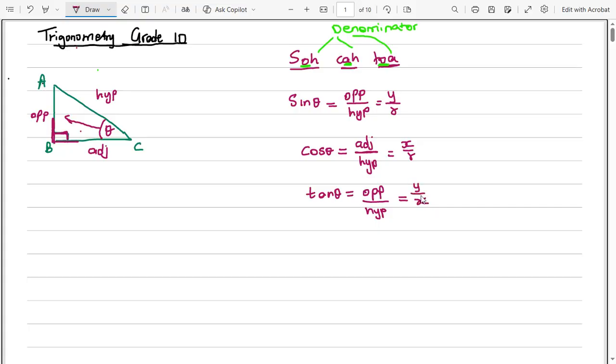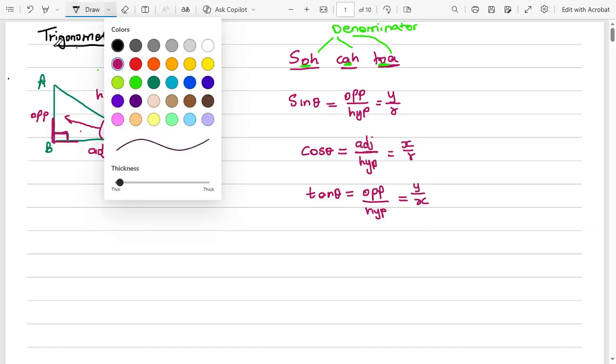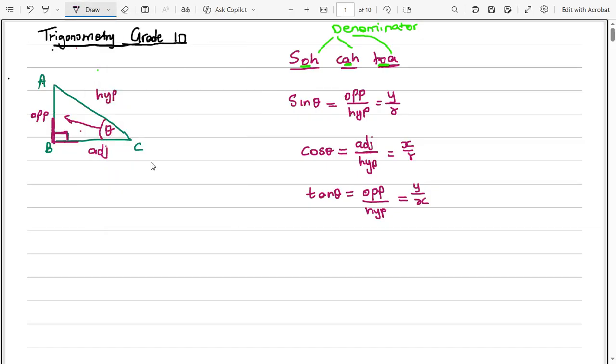In an exam, they give you a certain statement they want you to complete. Let's say, complete the following statement. So let's say you are given the sine of angle C equals AB over, then they leave a space for you to write an answer.